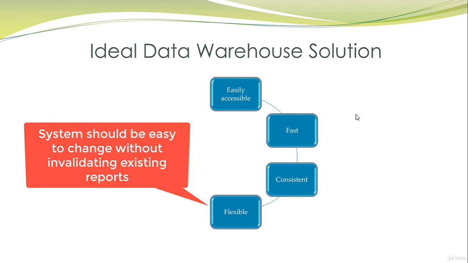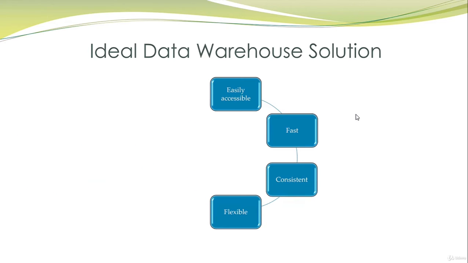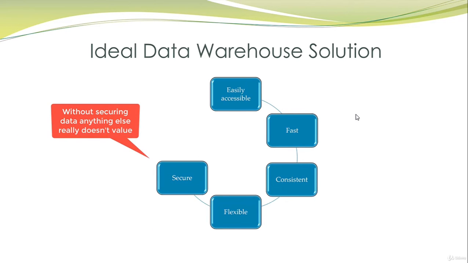The system should be designed to handle these changes without invalidating the existing data, reports, and applications. Confidential information and other sensitive data is stored in a data warehouse solution, so controlling access to the system and securing it is a key requirement.